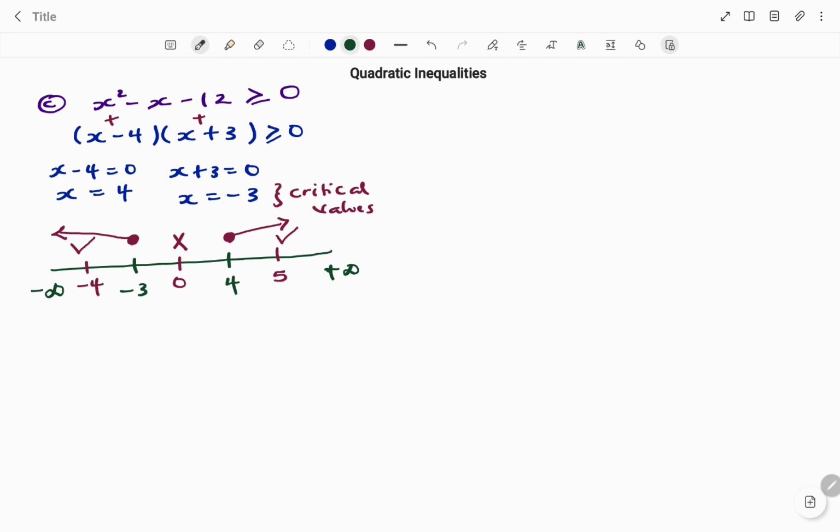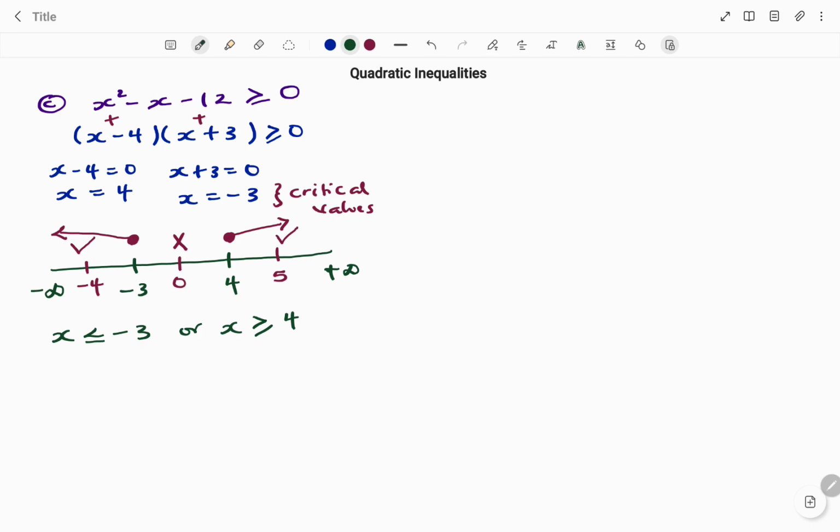If I write that as interval notation, I have x less than or equal to -3, or x greater than or equal to +4. That's a disjoint interval.